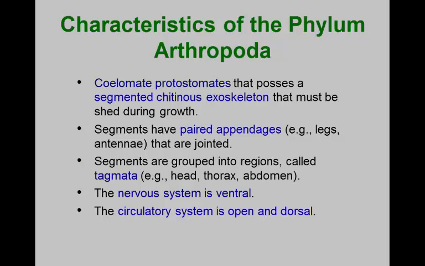So that's different. In the arthropods, the name itself, Arthropoda, means jointed legs. And so these are the animals that have that exoskeleton. They have paired appendages on their segments, and those paired appendages are segmented. Now, if you think about it, your arms and legs are segmented.